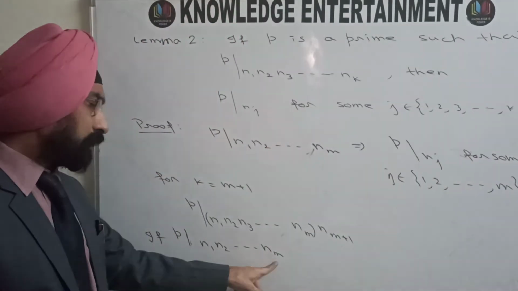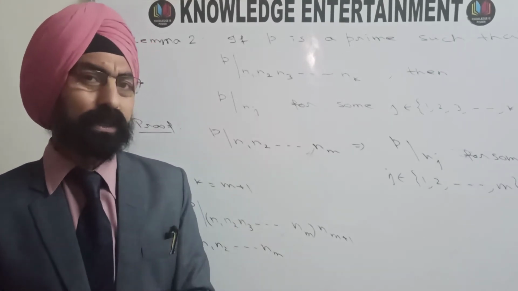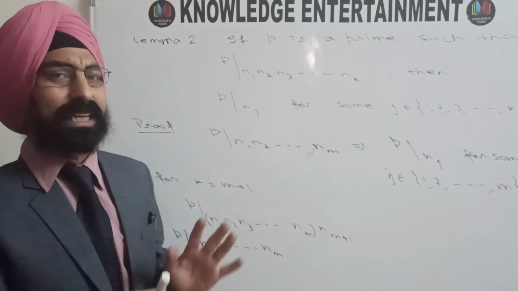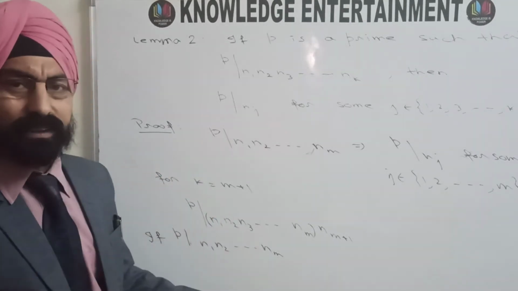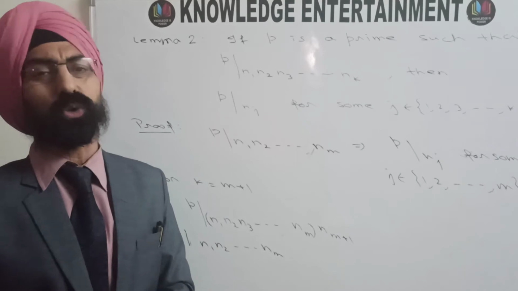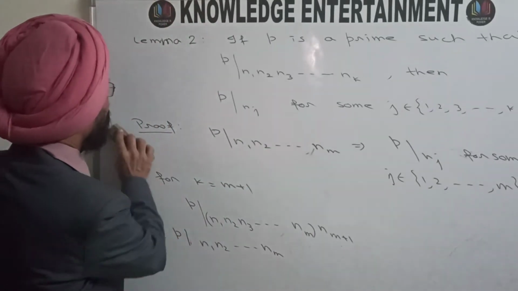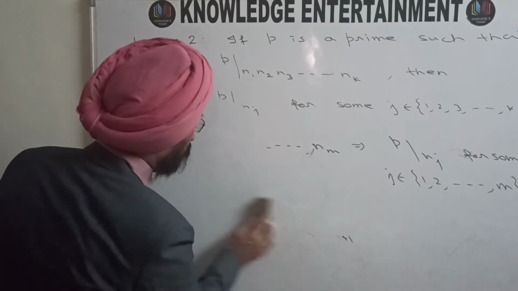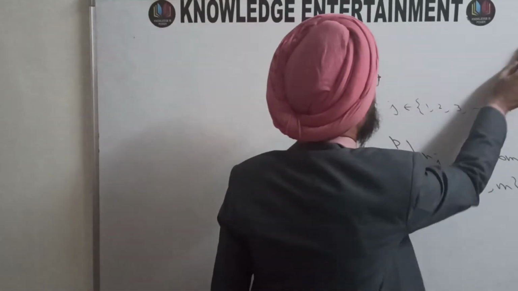And one of these numbers means one of the numbers between n1, n2, n3, nm and nm plus 1. So we have proved this lemma whether P divides this number or P does not divide this number, and there is no third case we know. So lemma 1 and lemma 2 are proved, and now we are moving on to the main theorem, that means the fundamental theorem of arithmetic.